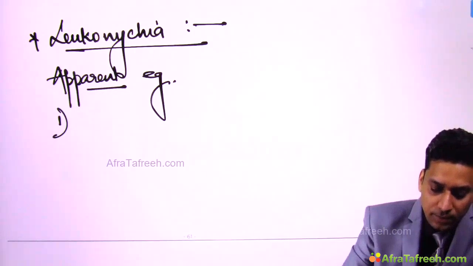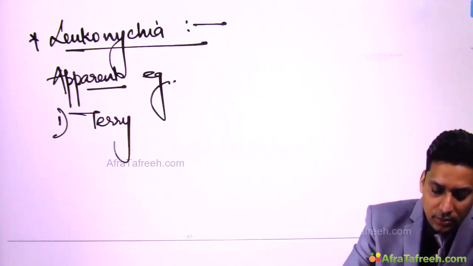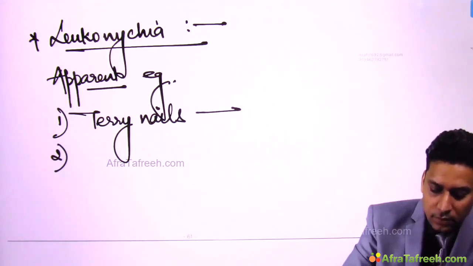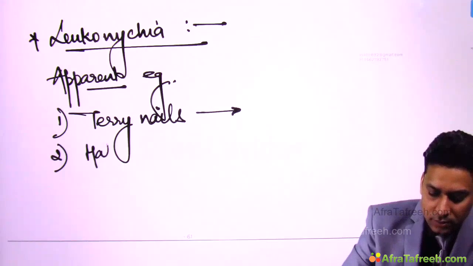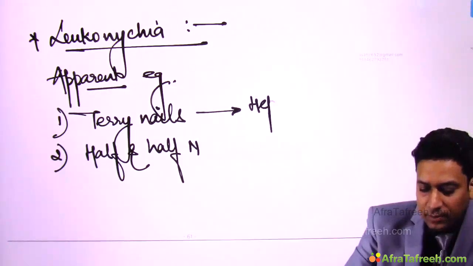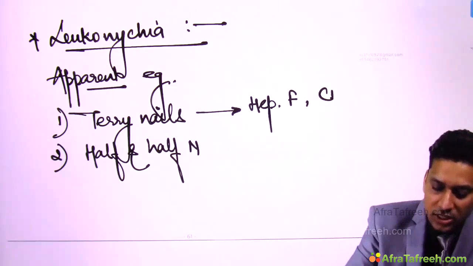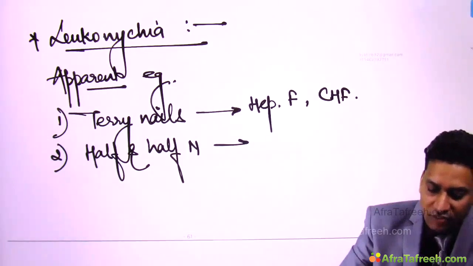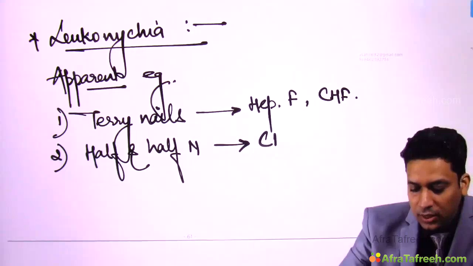First one is terry nails, then half and half nails. Terry nails is seen in hepatic failure, also seen in congestive heart failure. Half and half nail is seen in chronic renal failure.